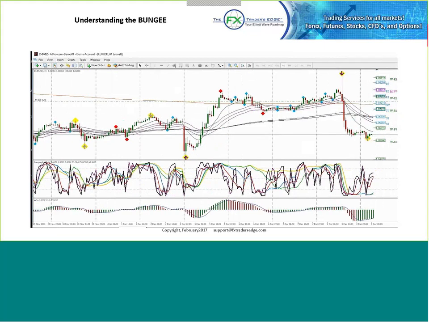Now I want you to look at this. We have a breakout 1 and we have a retrace starting. Yeah. Look at the divergence on the red bungee. Look at that. So we're retracing.